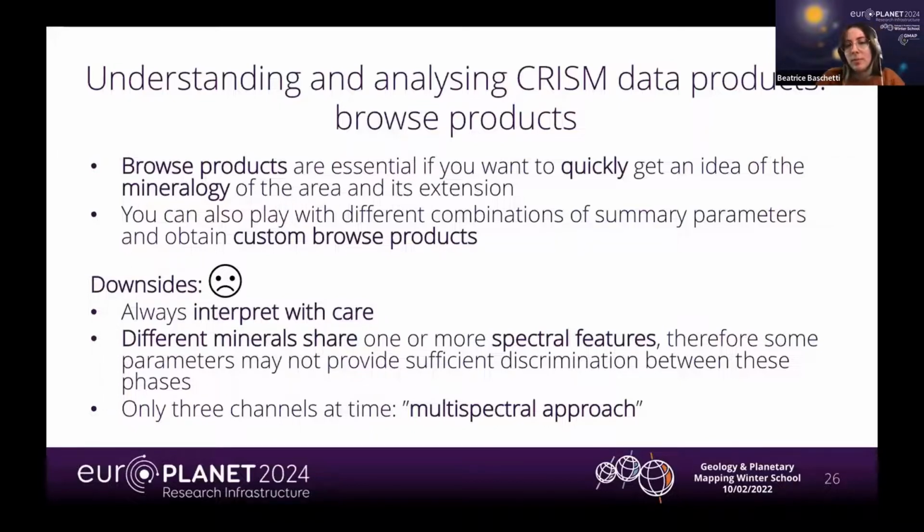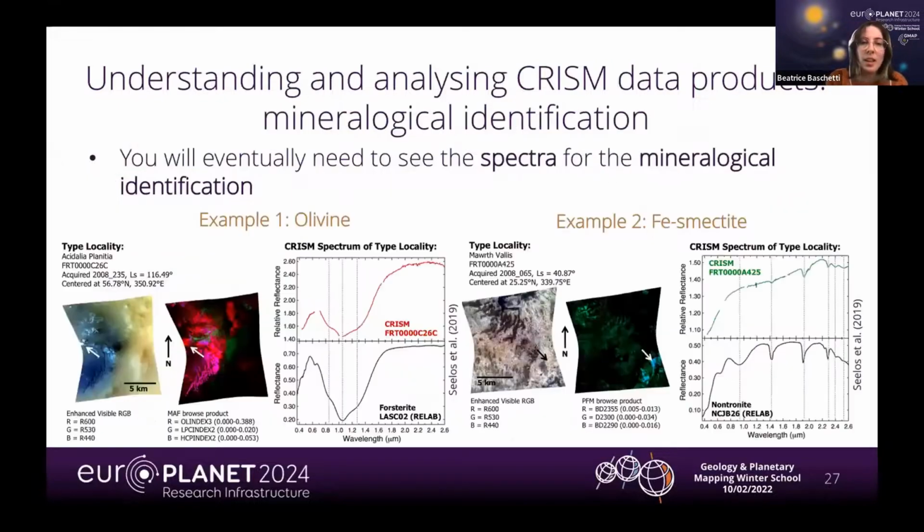So they are useful, but sometimes you may simplify the data too much. And so eventually, those products are not sufficient to determine if a certain type of mineralogy is present. You will eventually need to extract the spectra to be sure that you have a certain type of mineral in that area. So here are the examples from before.